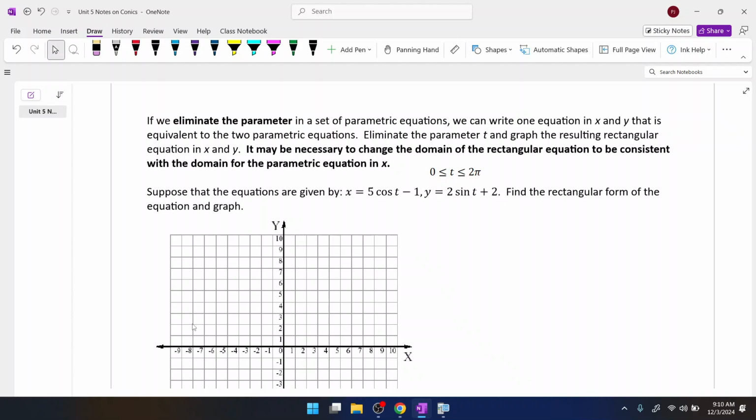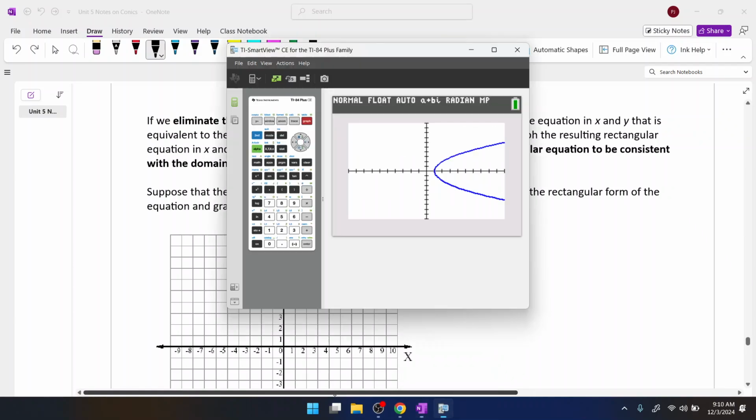So what we can do here is literally eliminate a parameter in a set of parametric equations. We're going to find the rectangular version of this equation first. What we can do is actually very simple.